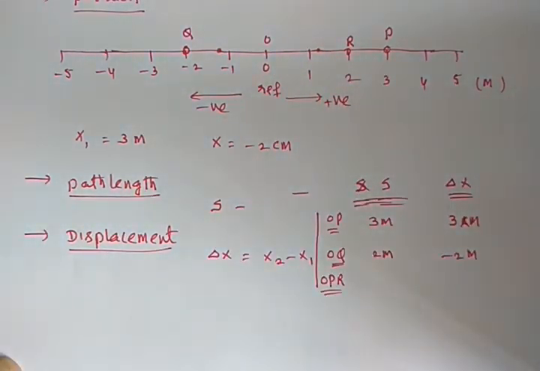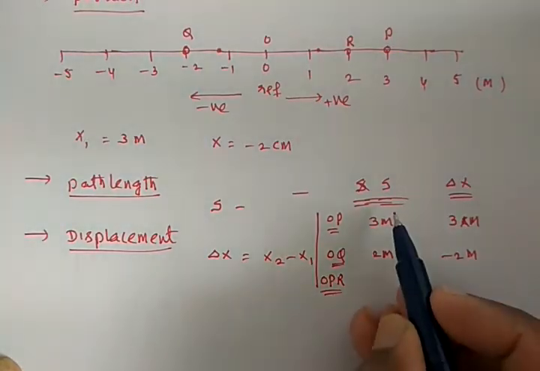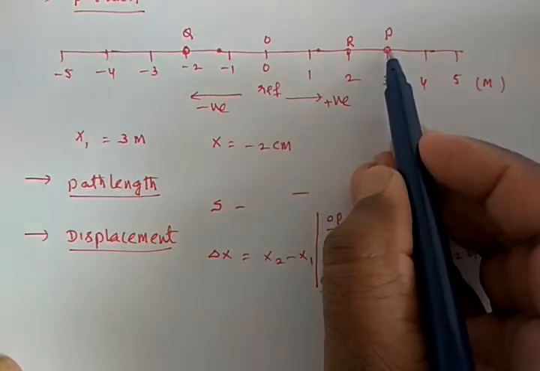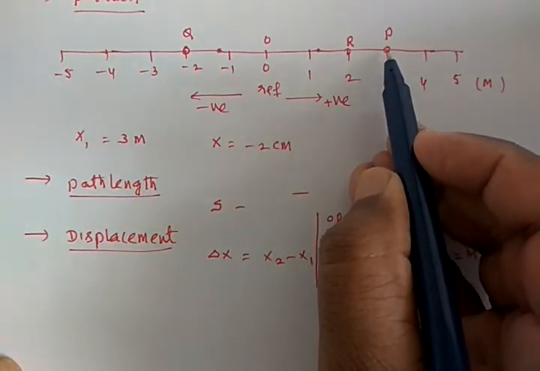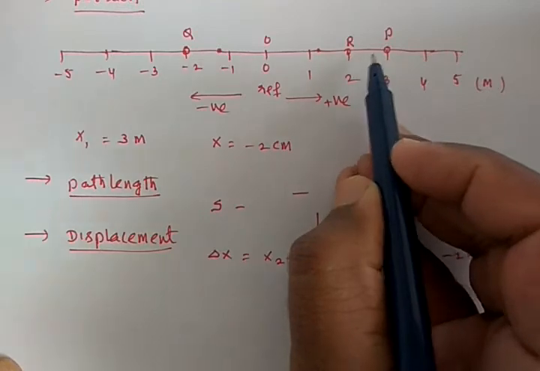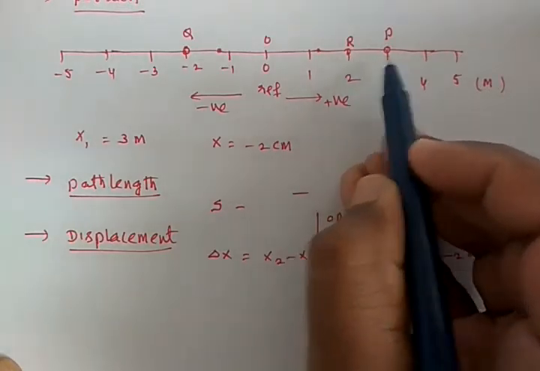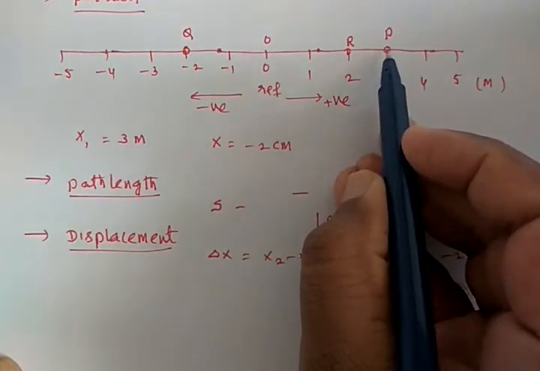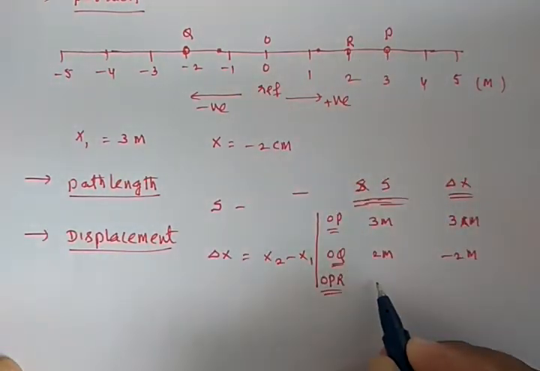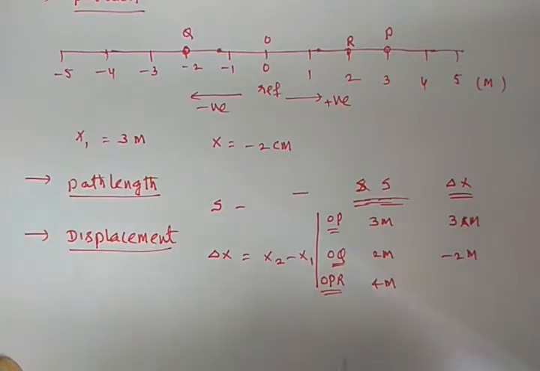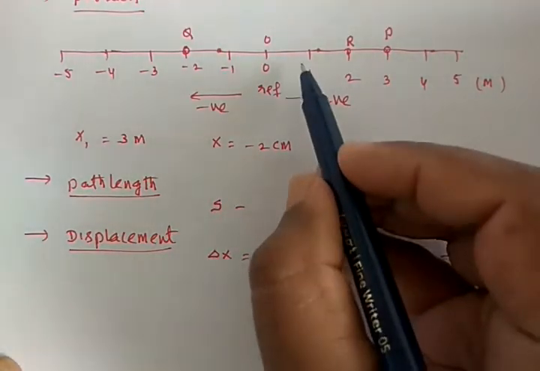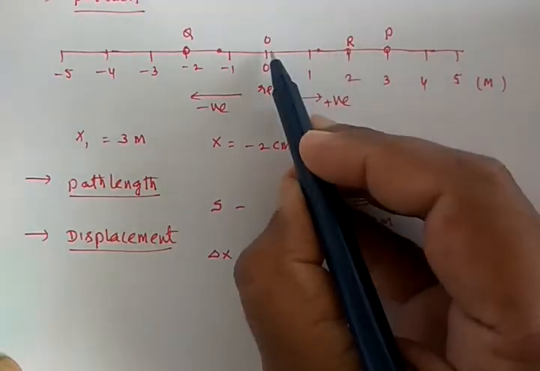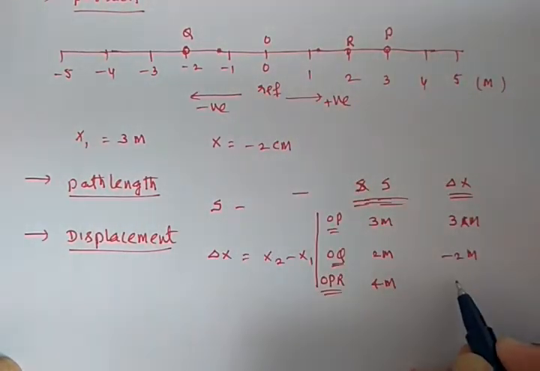So in this case, the total distance covered by the body is, from O to P that distance is 3, and from P to R that distance is again 1, because the size of each grid here is 1 meter. From O to P it is 3, from P to R it is 1, so total is 4 meter. Whereas change in position is, final position is here, that is 2, and initial position is 0, then 2 minus 0 is 2.